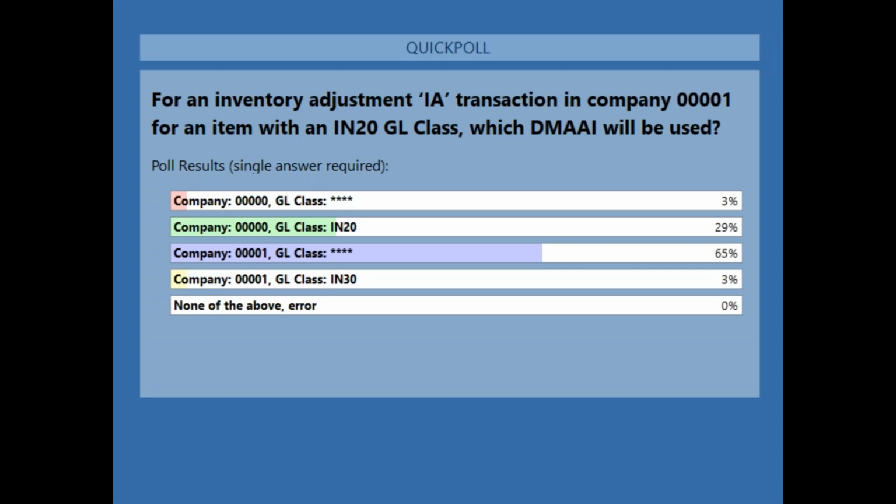Okay, so now I want to go through, and the idea here is not to study this. I'm not going to ask you a quiz question on any of these dirty details here, but these are going to be provided as reference material for you. So notice that we have groups here. The groups mean that all of these transactions can use all of these different DMAAI tables within the group.